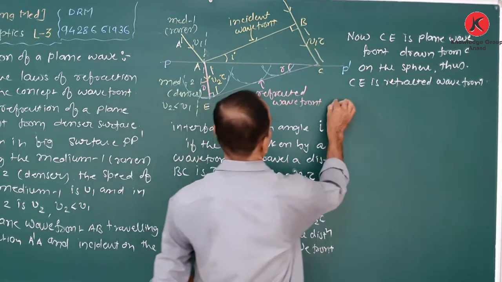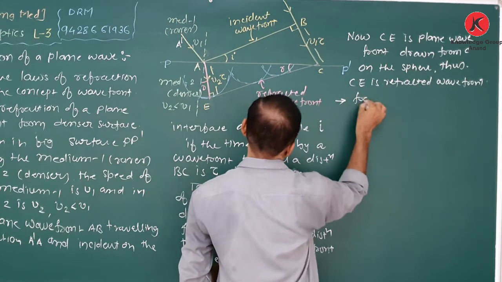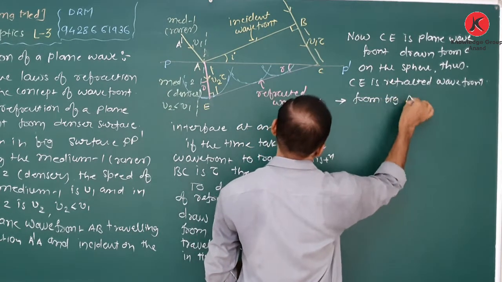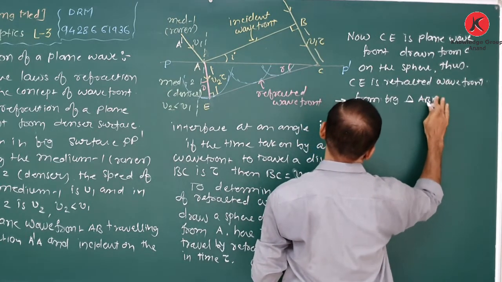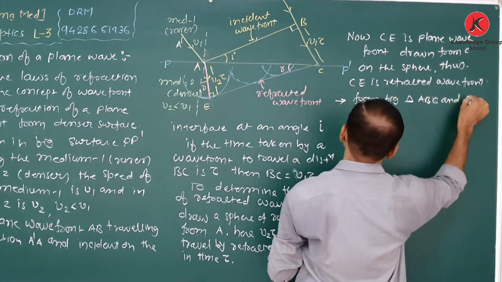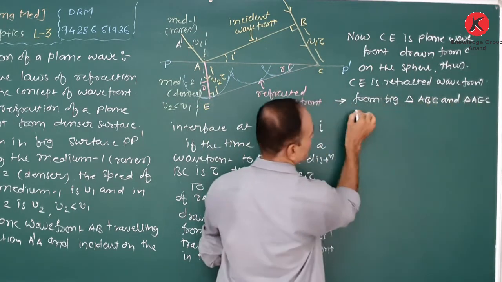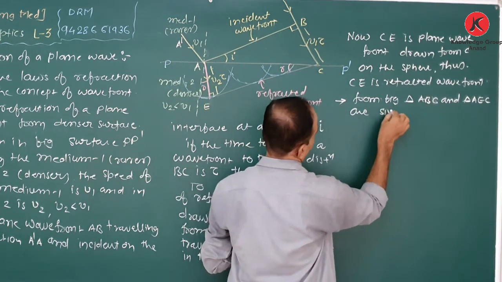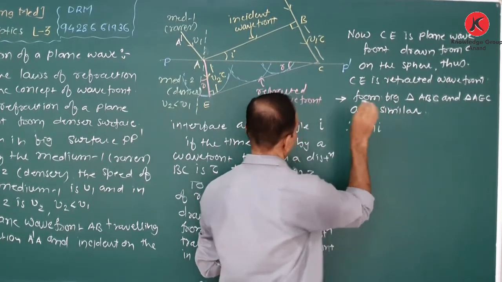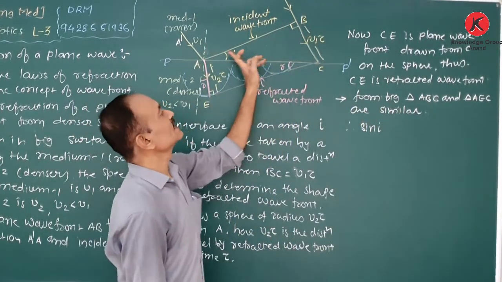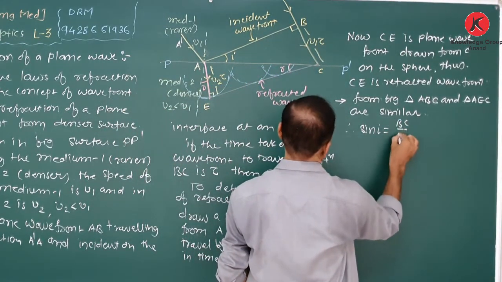Now we are going to derive Snell's law. From the figure, the right angle triangle ABC and triangle AEC are similar. Therefore, in triangle ABC, sin i is equal to BC upon AC.